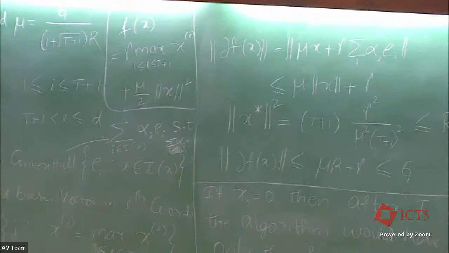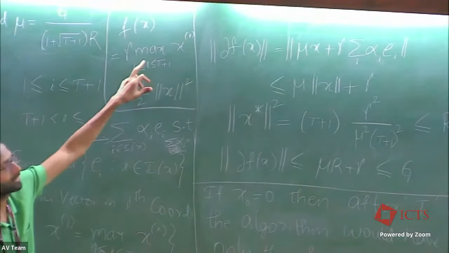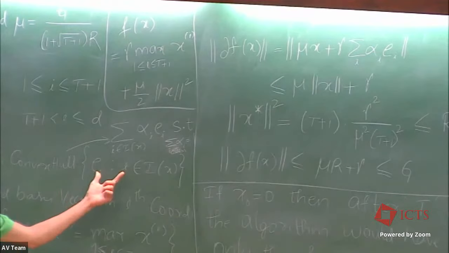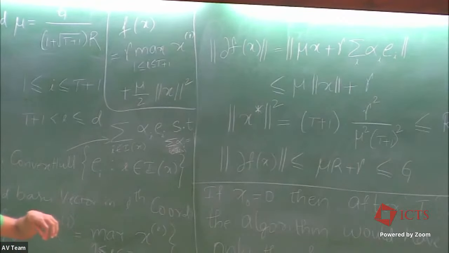Okay, so at x equal to 0, we see that all of them are set to 0, so the max is achieved by all of them. Okay, and the subgradient can just reveal anything in the convex hull of all the basis vectors. So it can just reveal the first basis vector. Okay, and then the algorithm will only know that the first basis vector or first coordinate is important, and then it can set it to anything, like 0 or negative or positive.